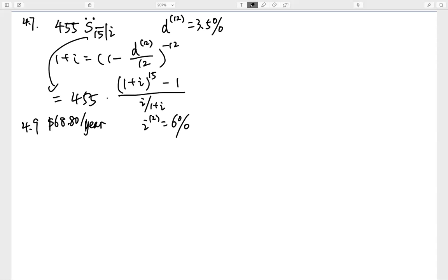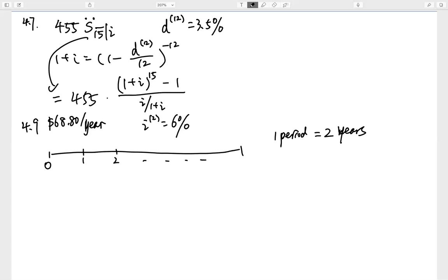So I first show you what I prefer. We have 16 years in total. We get one payment every 2 years. So one period in this case would be 2 years. So basically, the unit period should match the payment frequency. So if it's paid every other year, the unit period would be 2 years. So it will be 1, 2, all the way to 8.